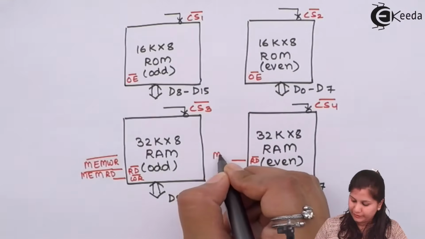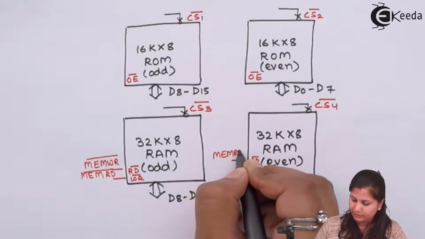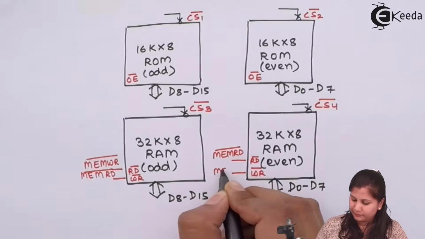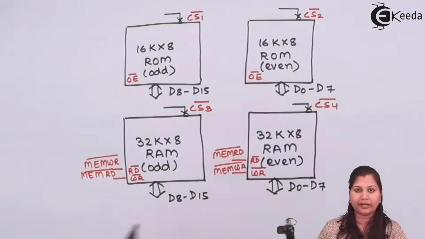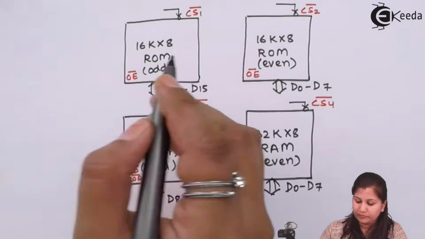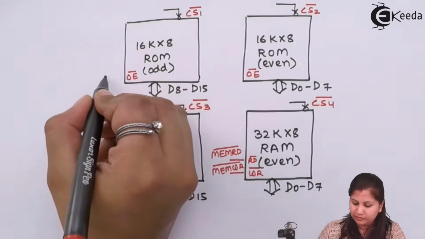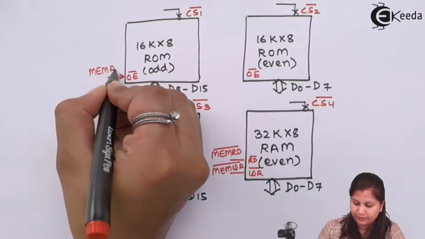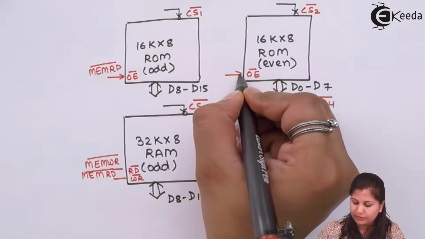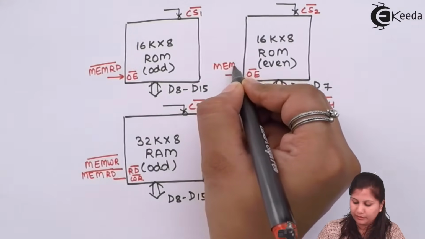Here for read we will have MEM RD and MEM WR for the write. For the ROM we will connect only the read signal, MEM RD.